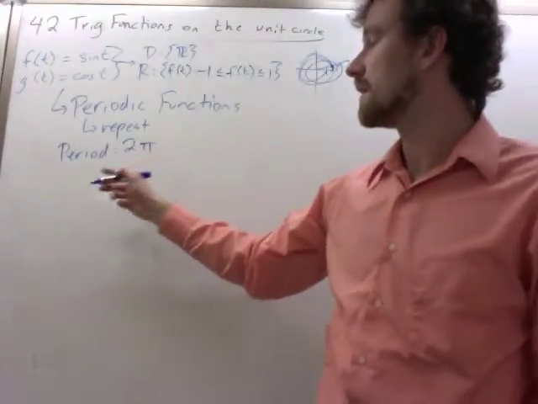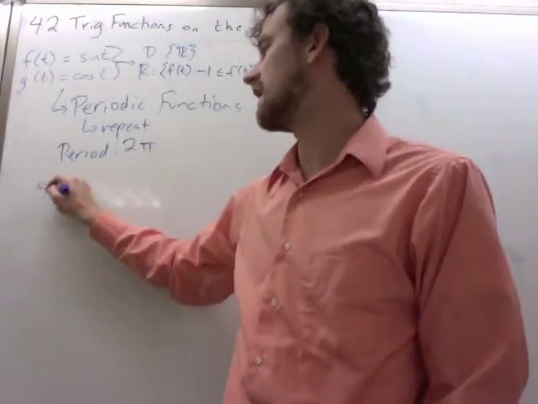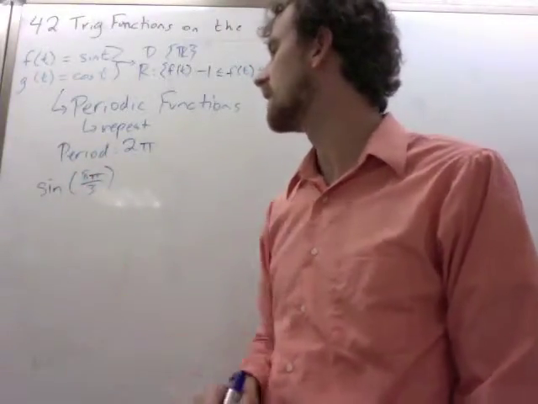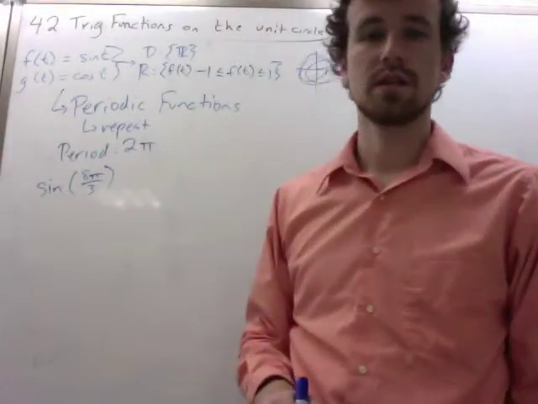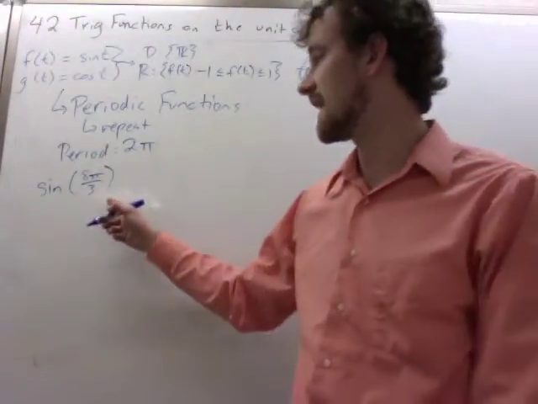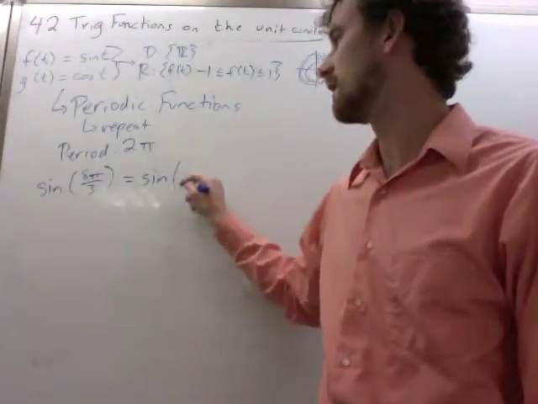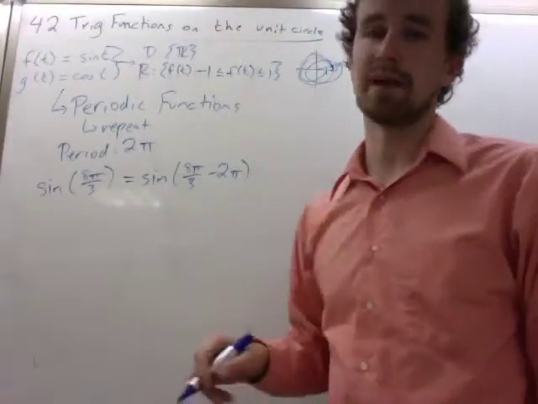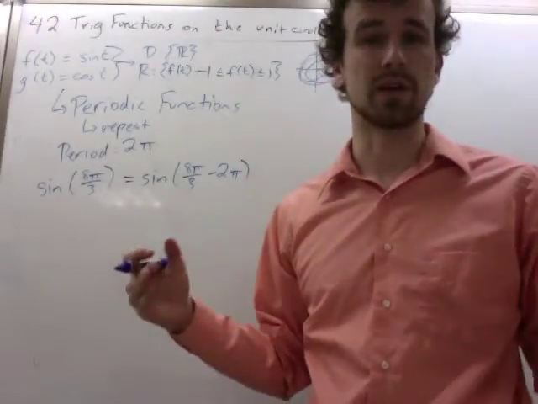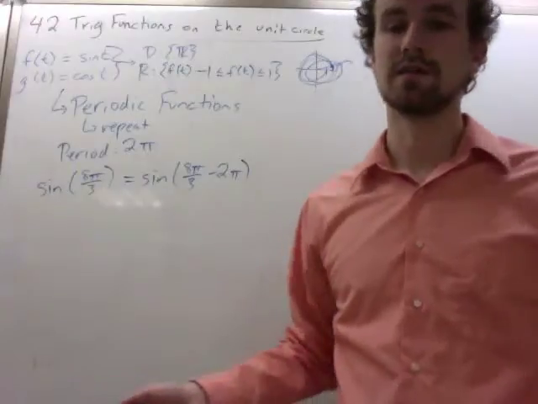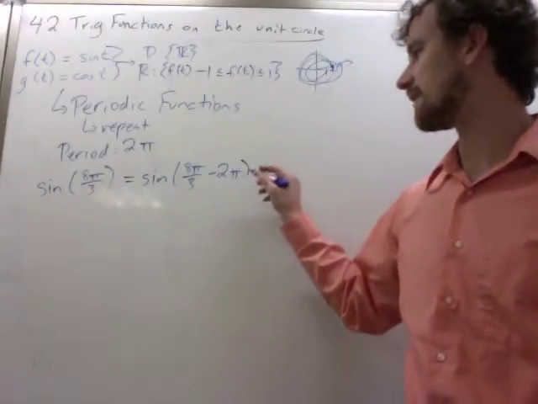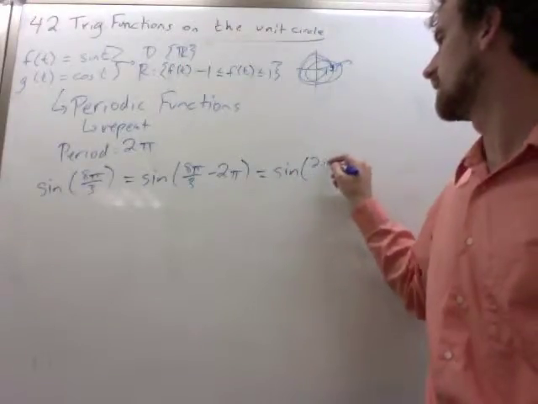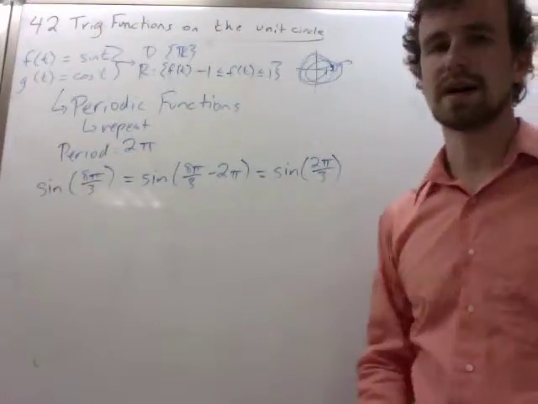So that means, if I ask you to find, say, the sine of 8 pi over 3, the sine of 8 pi over 3 is the same as the sine of an angle that's 2 pi less than 8 pi over 3, or 2 pi more than 8 pi over 3, or 4 pi more, or 4 pi less, and so on and so forth. 2 pi is 6 pi over 3, so this is the same as the sine of 2 pi over 3.